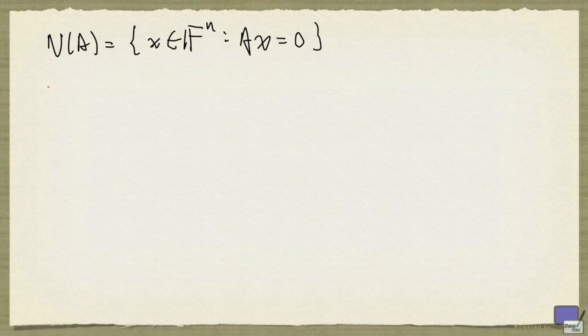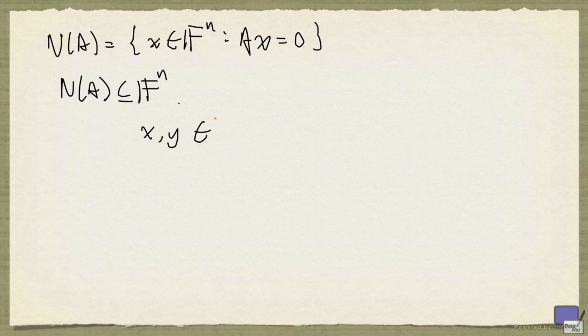And now let's revisit the null space of A. We already know that N(A) is a vector space, but we're going to pretend that we didn't know that. And all we know is that N(A) is a subset of F^n. Now to show that this is a subspace, we just need to show that N(A) is closed under addition and scalar multiplication.